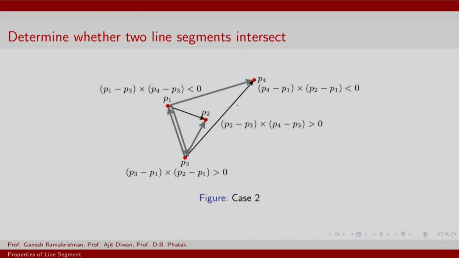One can also consider the case where P3 and P4 are on opposite sides of the line P1 P2, whereas P1 and P2 are on the same side of the line P3 and P4. In such a case, yes, the lines do intersect, but the line segments do not.